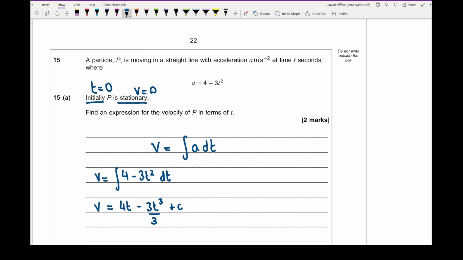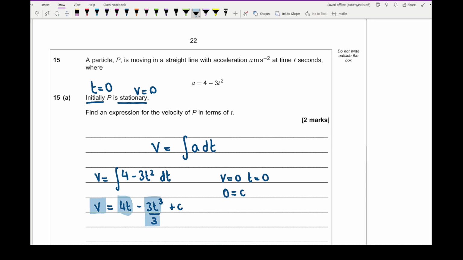So using that substitution, so v equals 0, t equals 0, we can determine that c is also equal to 0. Using that substitution into here, if you replaced v and t with zeros, then 4 times 0 would be 0. 0 cubed multiplied by 3 divided by 3 would still be 0.